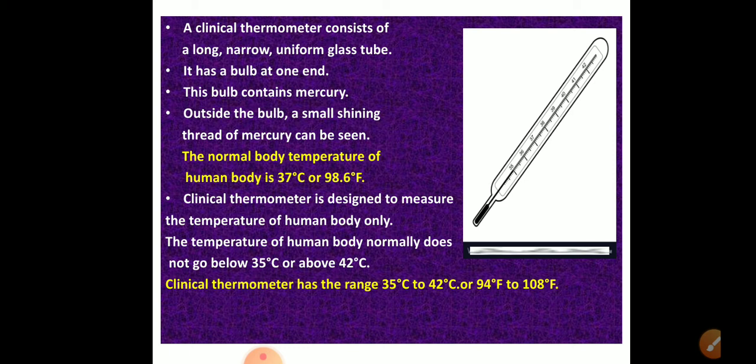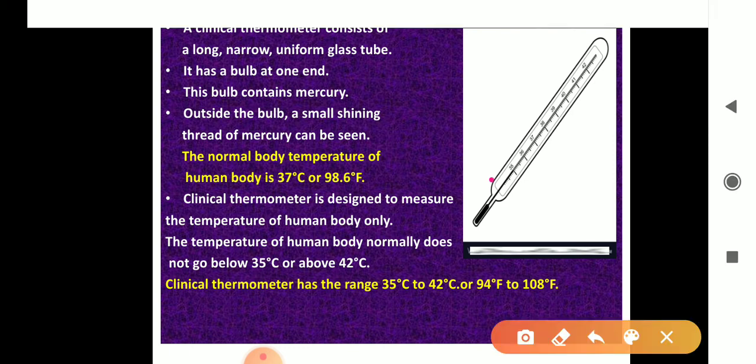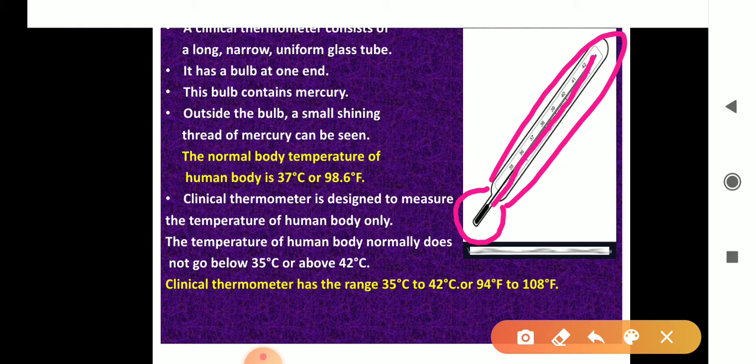Now see one more thing. Inside this outer glass tube, a thin capillary tube is inside. That is a very thin tube. What happens when this bulb comes in contact with our body to measure the temperature? The mercury inside this bulb heats up and expands. As you all know, metals expand on heating.